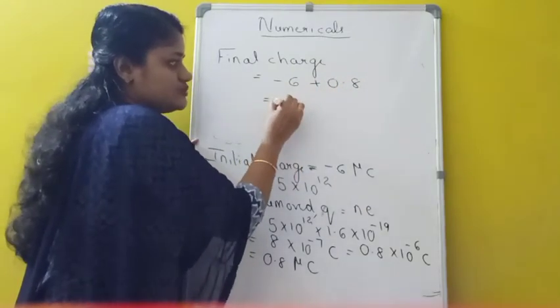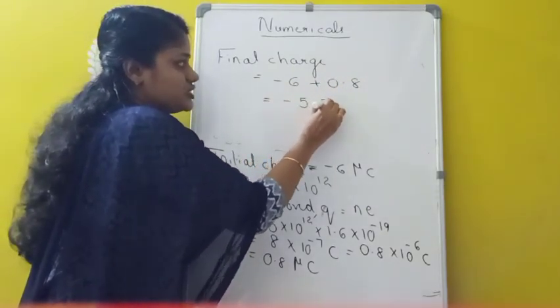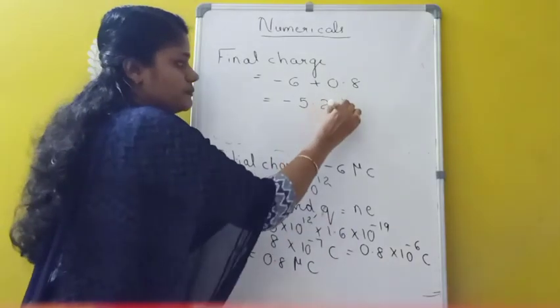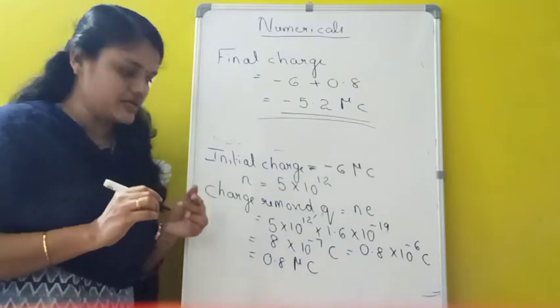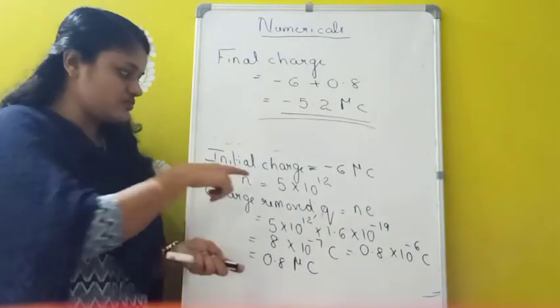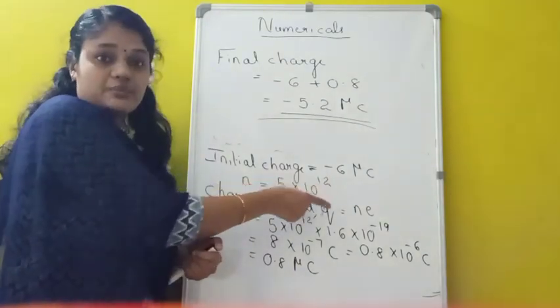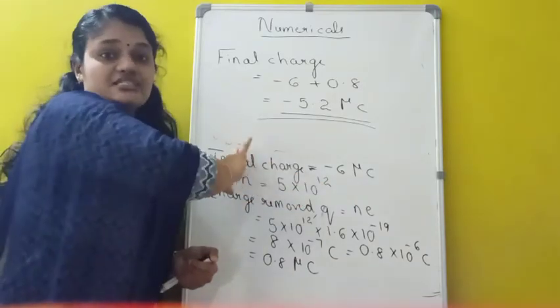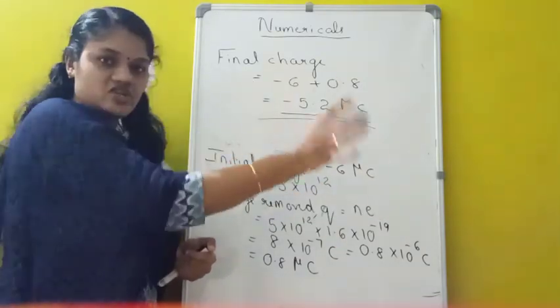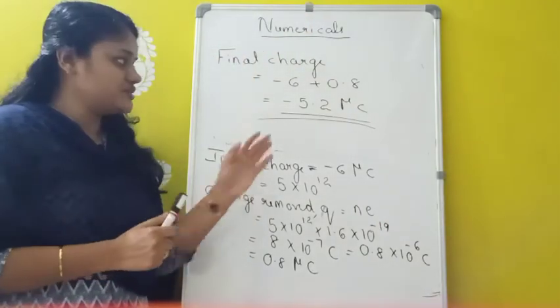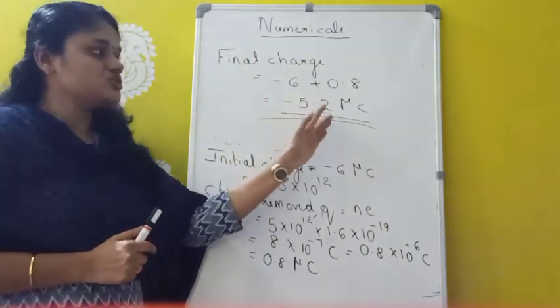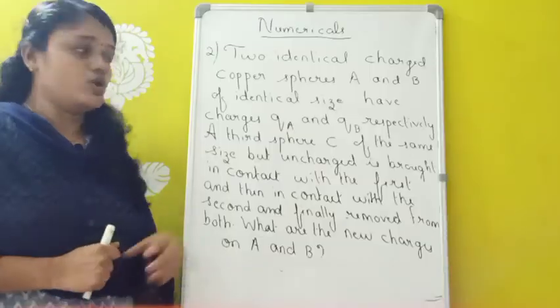That means we will be getting as minus 5.2 microcoulomb. Okay, so this is actually the final charge of the sphere after removing 5 into 10 raised to 12 electrons. That means that much electrons negative charge is removing, which means that much positive charge is added to the sphere. So what is the final answer? Minus 5.2 microcoulomb.